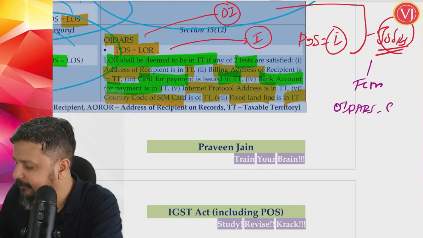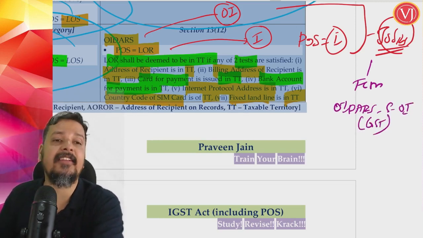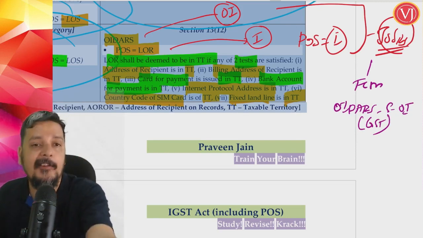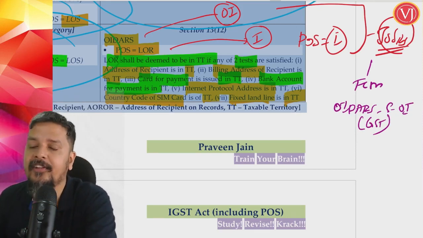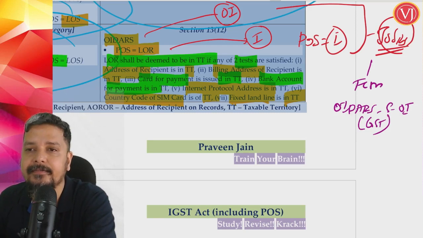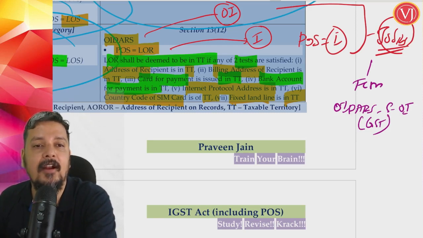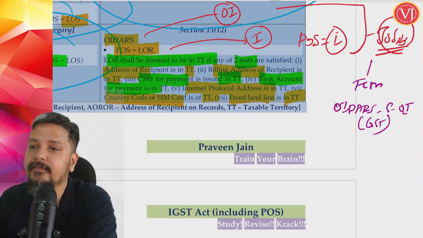OIDARS supplier outside India will be paying GST. They will be taking a special registration and filing a special return called GSTR 5A.